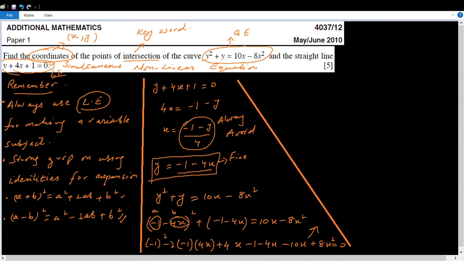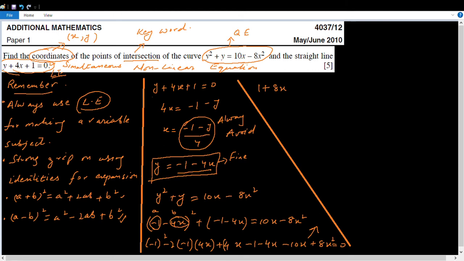Now minus 1 square means 1, and minus into minus, 2 ones are 2 and 2 fours are 8, so plus 8x, and here it is 4x square.